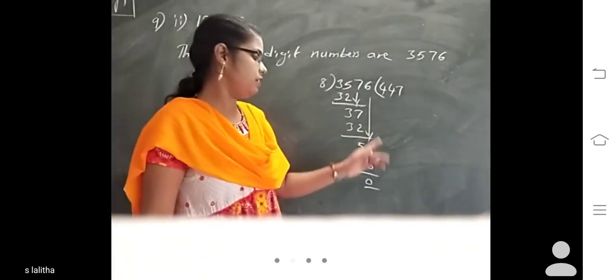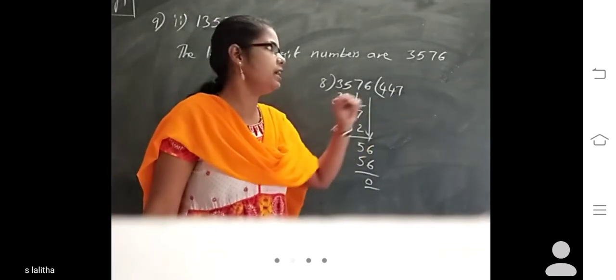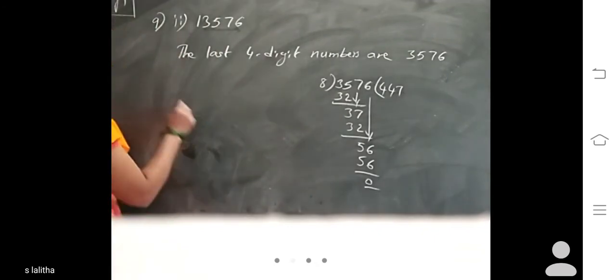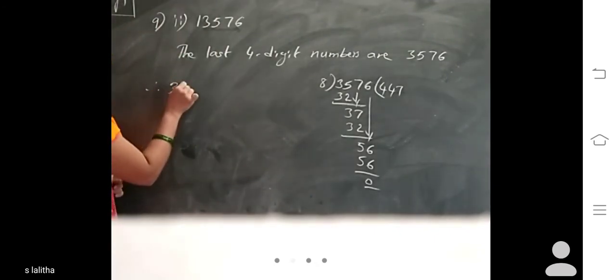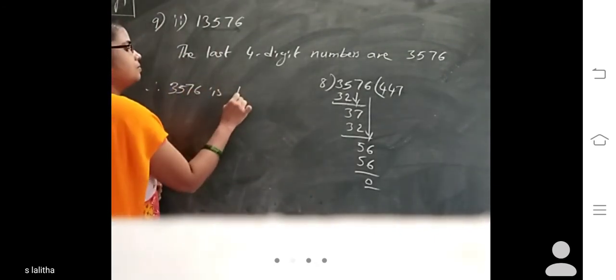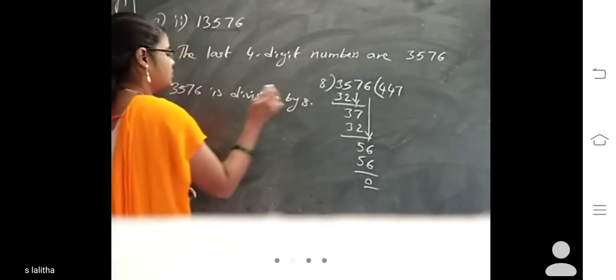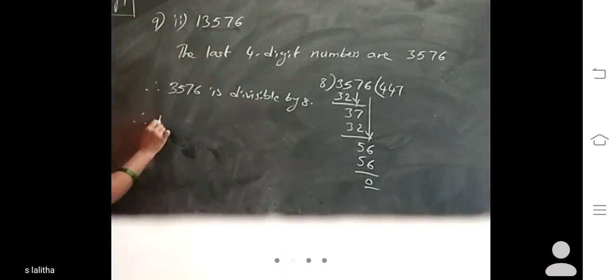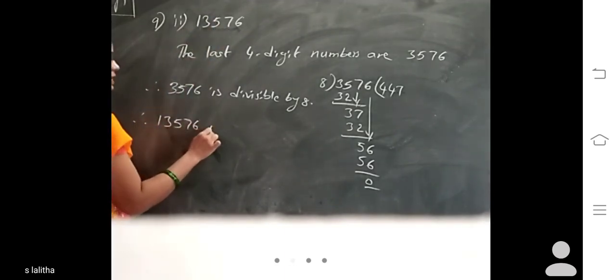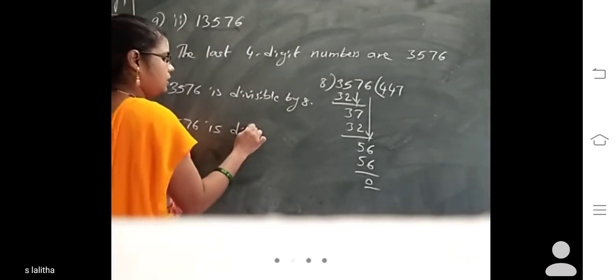Therefore 3,576 is divisible by 8. Therefore the total number 13,576 is divisible by 8. Okay. Right.